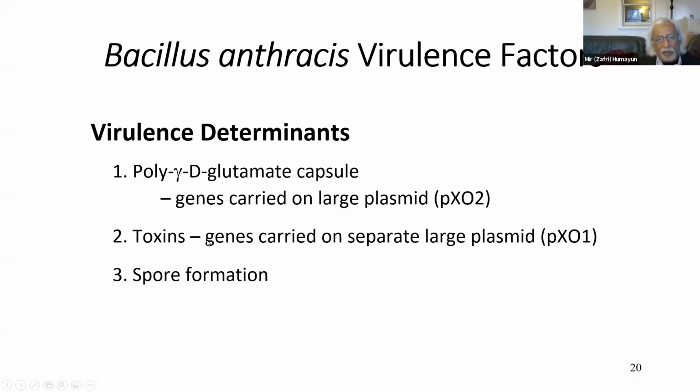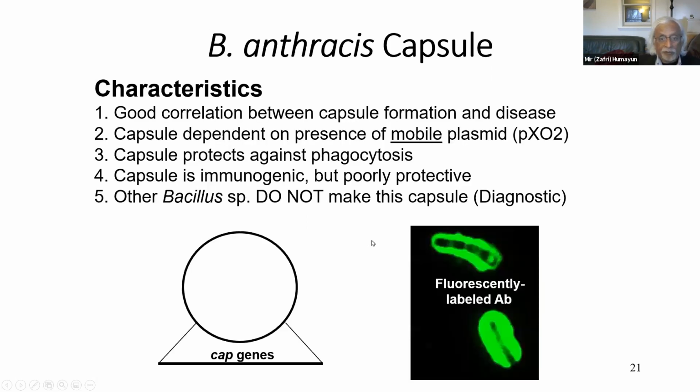There are two toxins that are important. Both of them are encoded on a separate large plasmid called pXO1. And spore formation, that is, ability of the spore to survive adverse environmental conditions, is also considered to be a virulence factor of Bacillus anthracis.